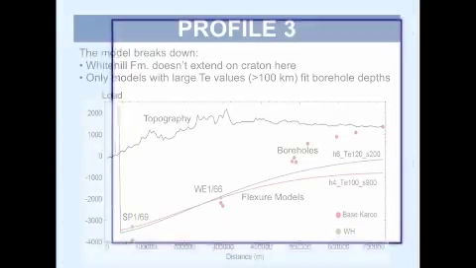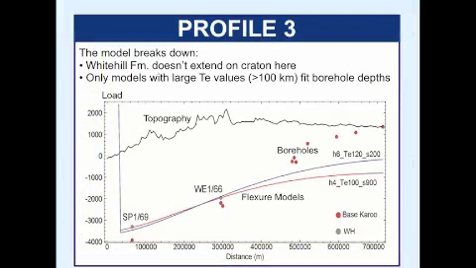If we look at a third profile, in the far southeast of the country, our model starts to break down here. You can see I don't actually have a dark black depth profile because there was no seismic data shot, so I've only got borehole data. The gray dots are the White Hill Formation, and the red dots are the base of the Karoo Basin. You can see the White Hill is just in the southern part of this profile and doesn't extend on Craton.